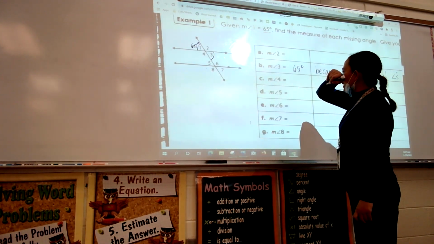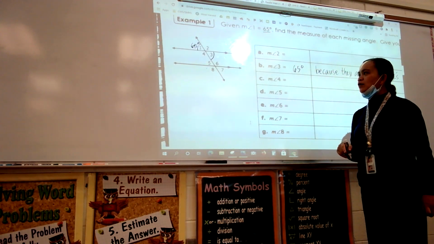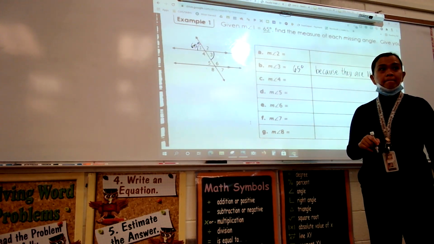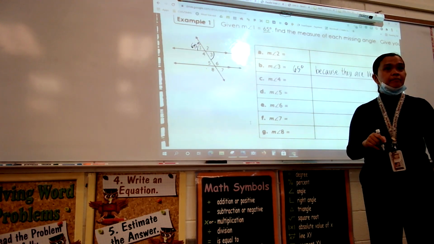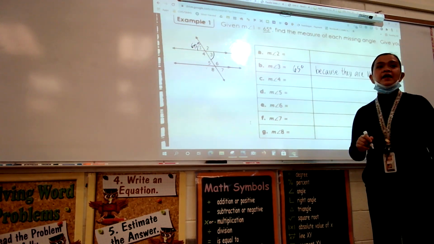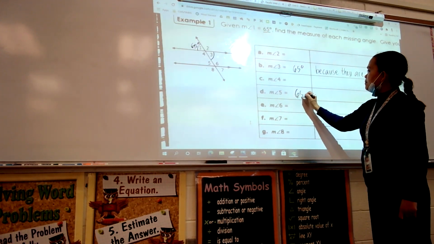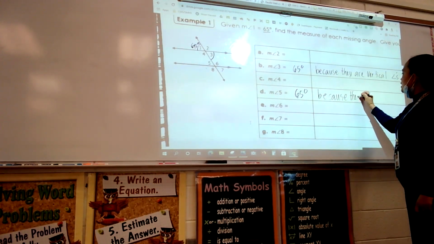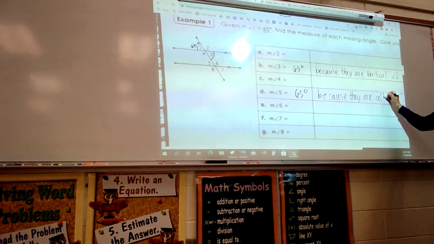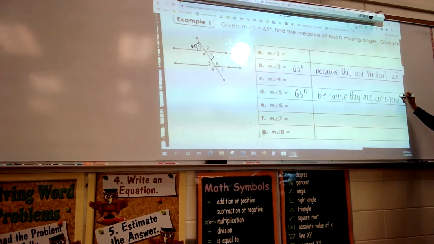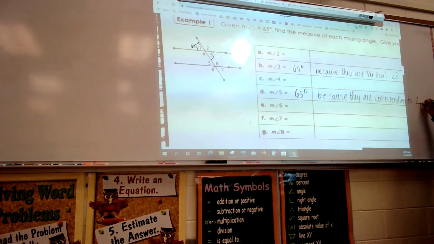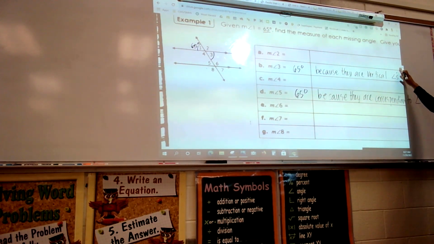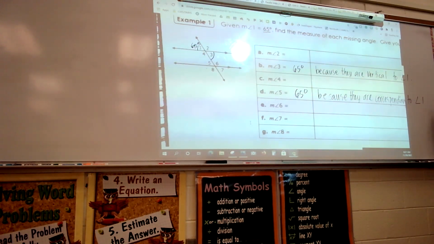So what is the measure of angle 1 and angle 5? 65, because they are corresponding to angle 1. Vertical to angle 1. I'll do that, so it will be clear.